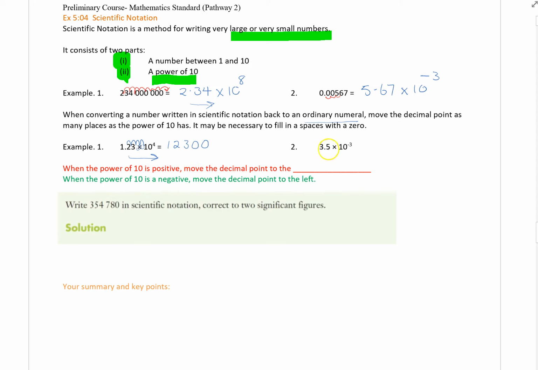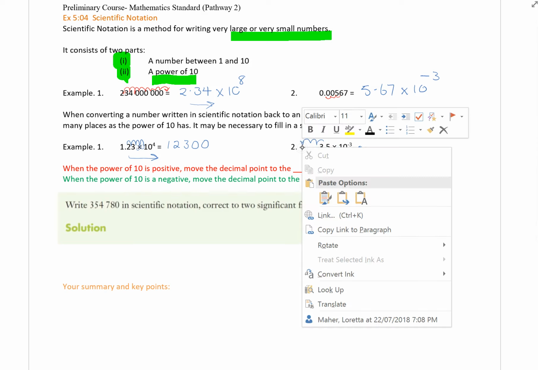With the next one, 3.5 times 10 to the minus 3, we're going to move the decimal point back 3 places. Why back? Because that's a negative power. So from here we're going 1, 2, 3, and that's where the decimal point goes.